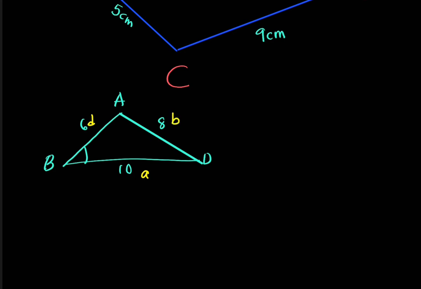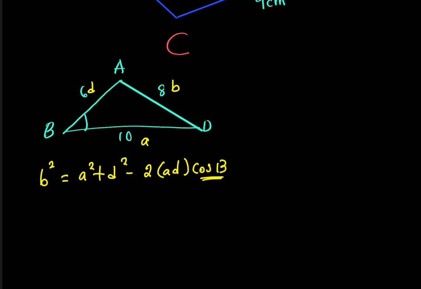Now, by cosine rule, looking for b, we express b squared equals a squared plus d squared minus 2ad cos b. Our aim is to get this b.